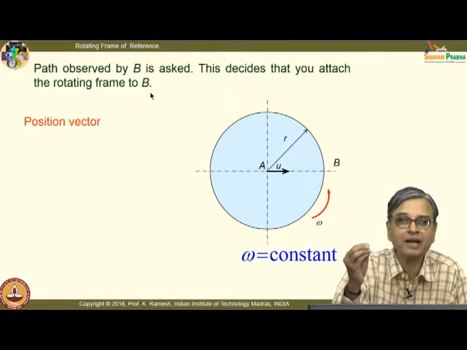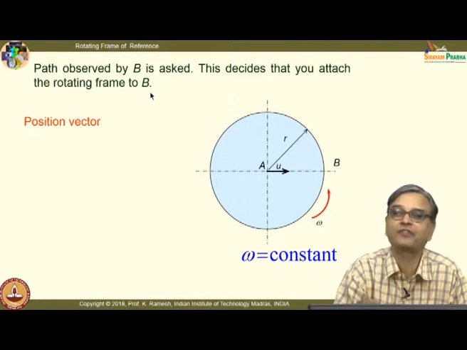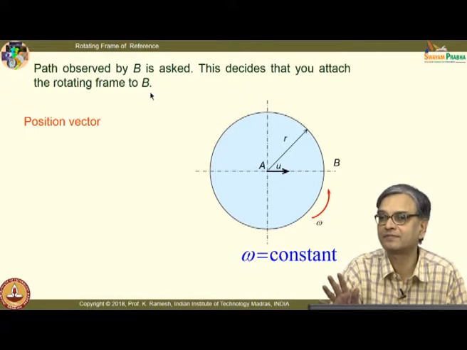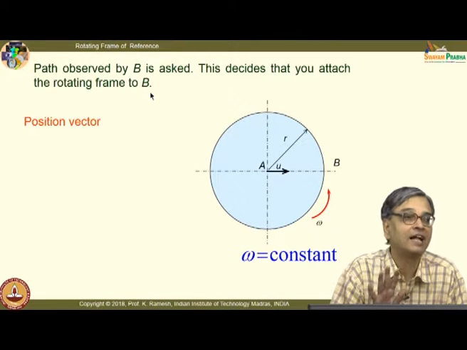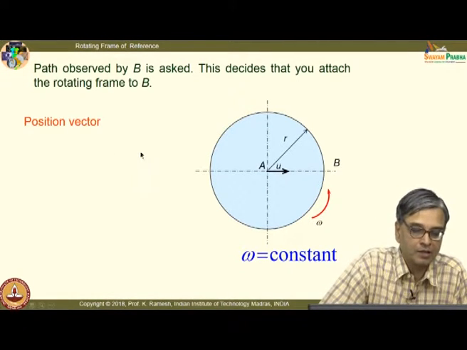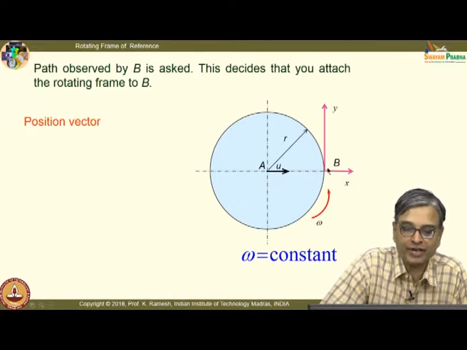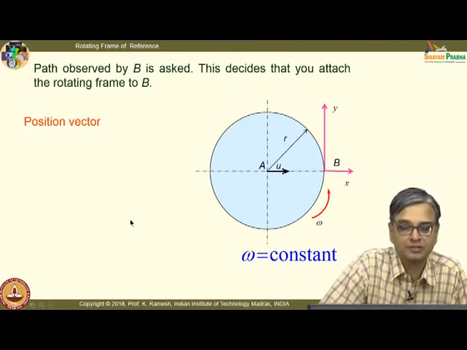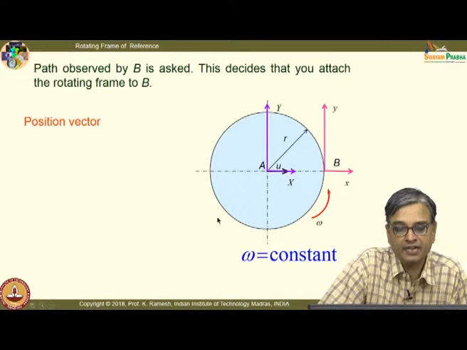The thinking part is only the selection of the fixed frame of reference and the rotating frame of reference. You should not rush at that stage of solving the problem. So, I have the rotating frame attached to the point B, and you have a fixed frame attached to the center, and it is given in the problem statement to make your life simple.